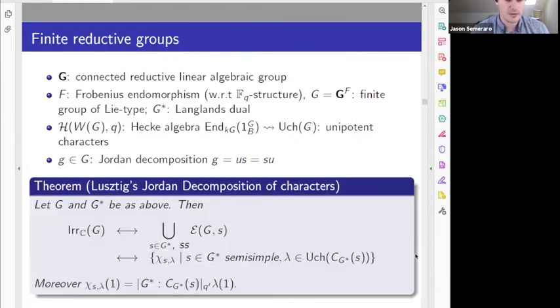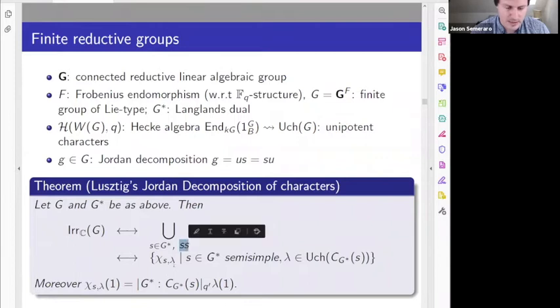So this theorem, which is called Lusztig's Jordan decomposition of characters, describes the parameterization of the irreducible characters of a connected finite reductive group in terms of what are called Lusztig series. How does it work? If you take an irreducible character of G, then it will lie in one of these so-called Lusztig series, which are parameterized by semi-simple elements in the Langlands dual.